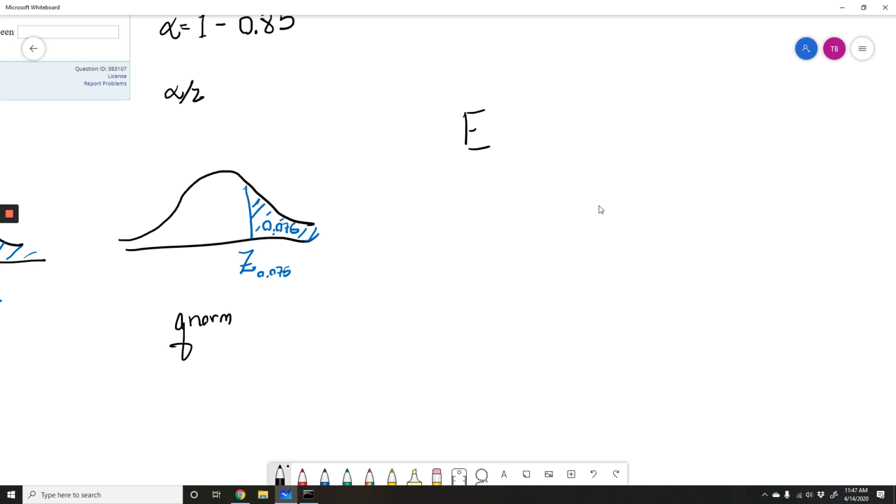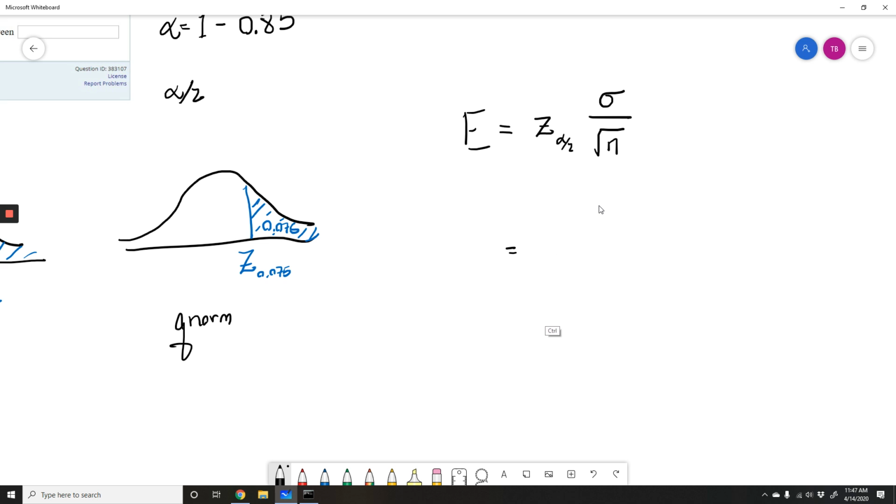My margin of error, when trying to find a confidence interval for a population mean, my margin of error, E, is z sub alpha over 2 times the population standard deviation over the square root of the sample size. So in our case, it's z sub 0.075, which we just found, right?